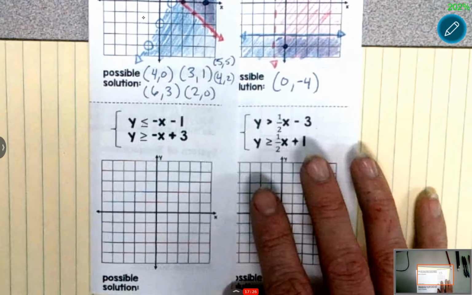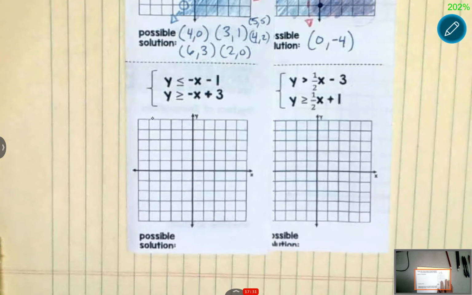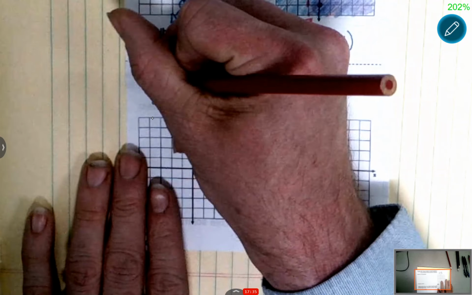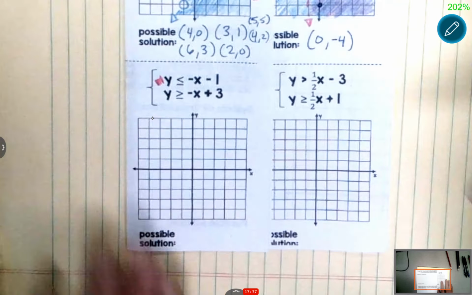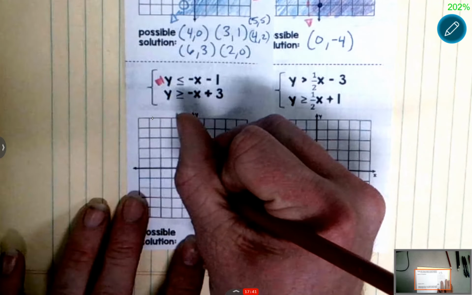Okay, bottom left. Again, we always start with my y-intercept of -1. My y-intercept of -1 is going to be a solid dot.